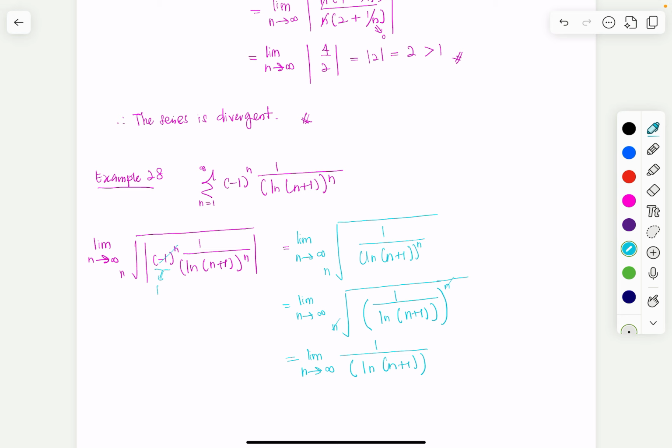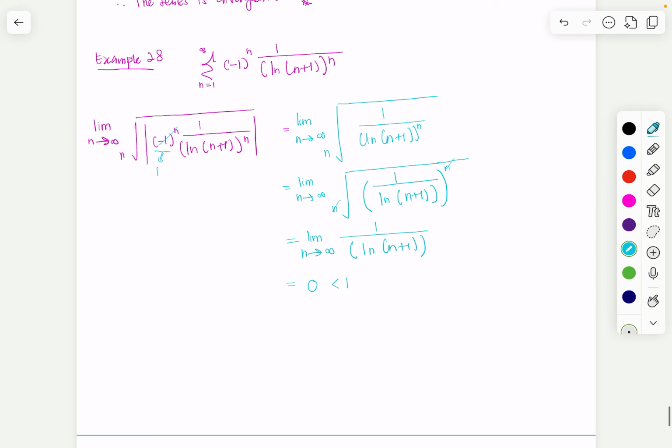Okay, so this one you cannot adjust. So we try to plug in n as infinity. So ln n, you substitute with infinity, so you get ln infinity. So the denominator would become infinity. So 1 divided by a very big number, the limit would be 0. Okay, so 0 is less than 1.